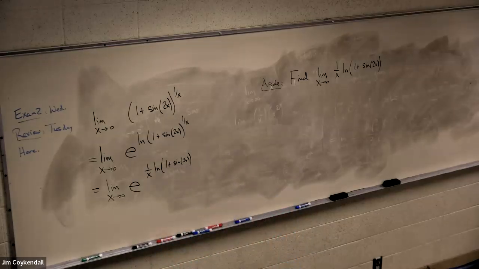I want to find the limit as x goes to 0 of 1 over x times the log on this side. Can anybody tell where I am going with this?